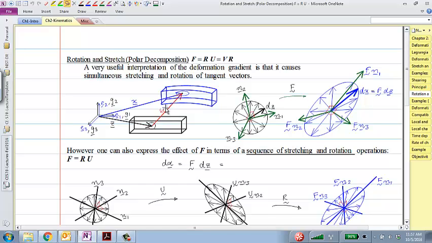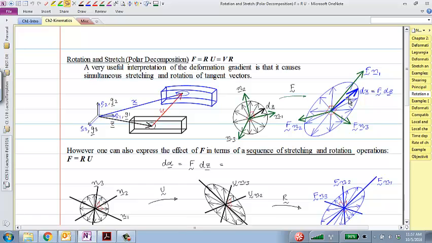So you remember we said that if we have a body, it's deforming to this black body, deforming to this blue body, go to any point in the undeformed body, and in the neighborhood of that point, I will have this infinitely many set of undeformed tangent vectors that will get mapped to the corresponding ellipsoid of our corresponding deformed tangent vectors. Now, we know that it is the F tensor that relates dz tangent vectors undeformed to dx tangent vectors that are deformed. So F does that.